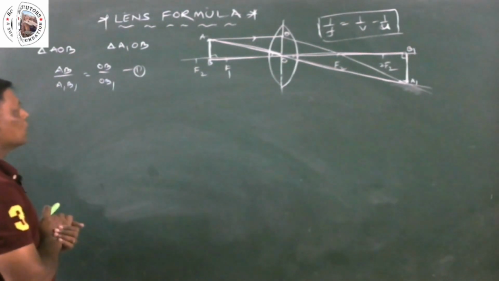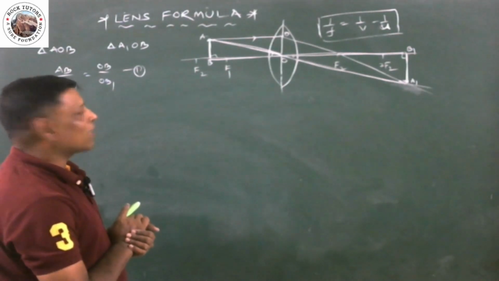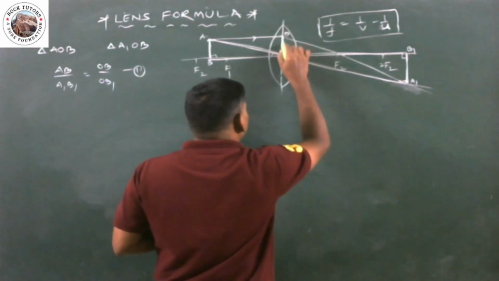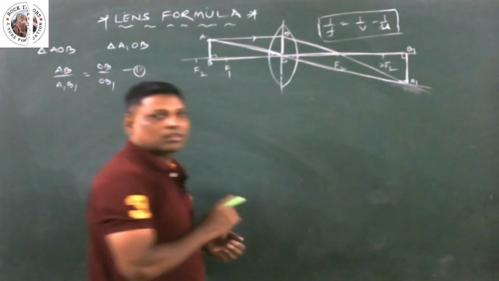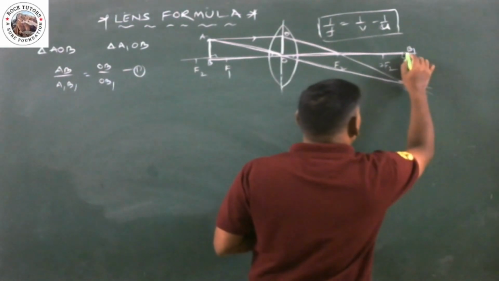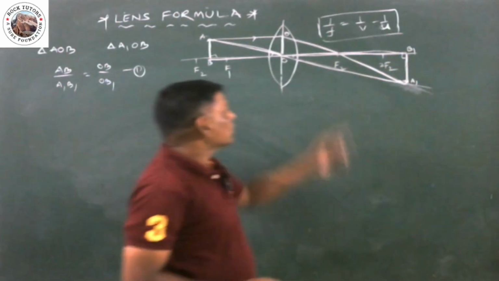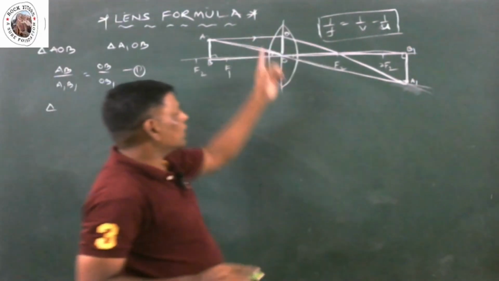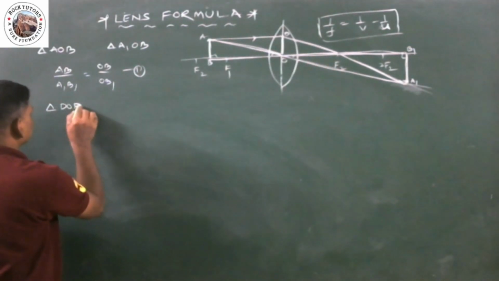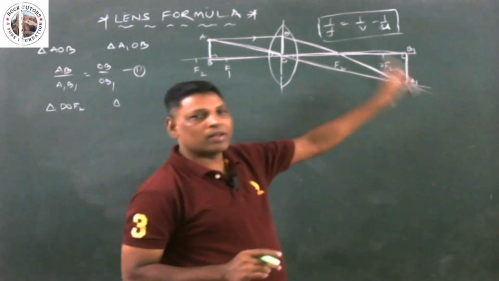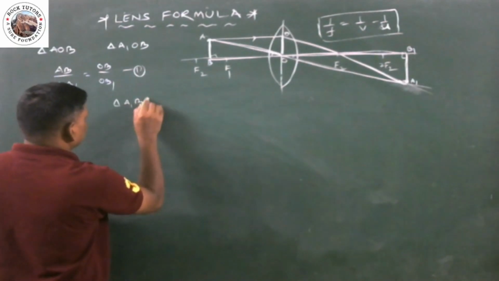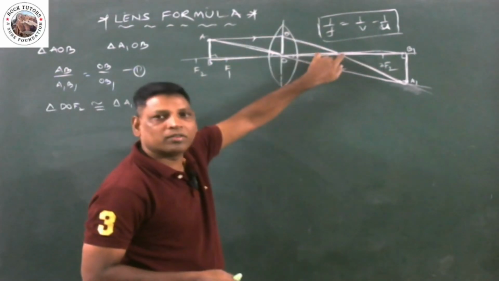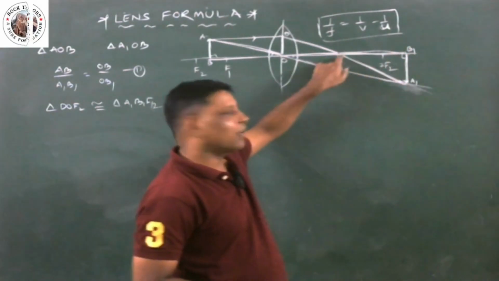Now, in a second triangle, I am taking one more pair of triangles: triangle DOF2 and triangle A1B1F2. These two triangles are also similar.